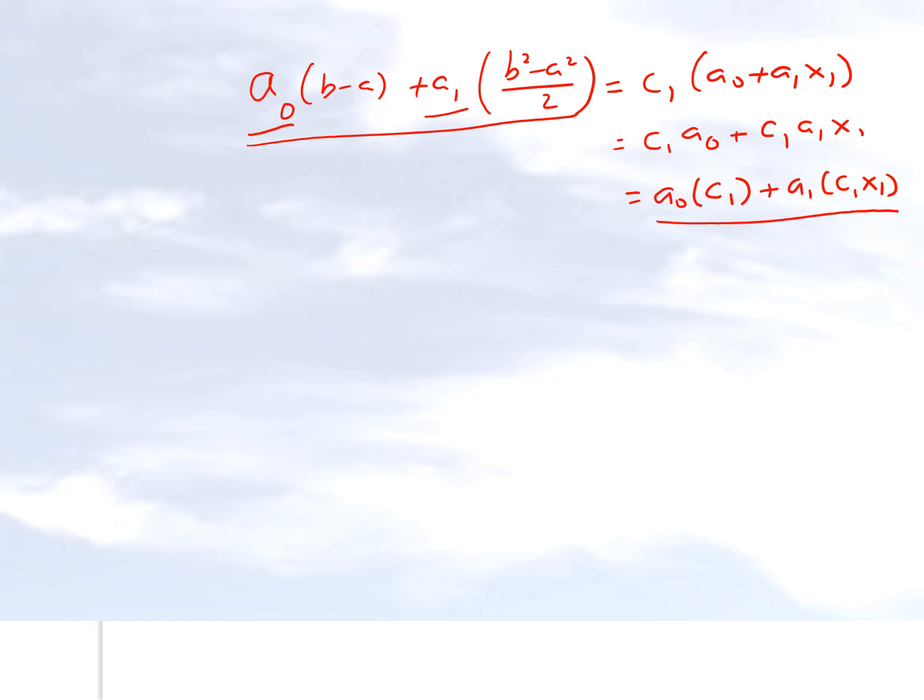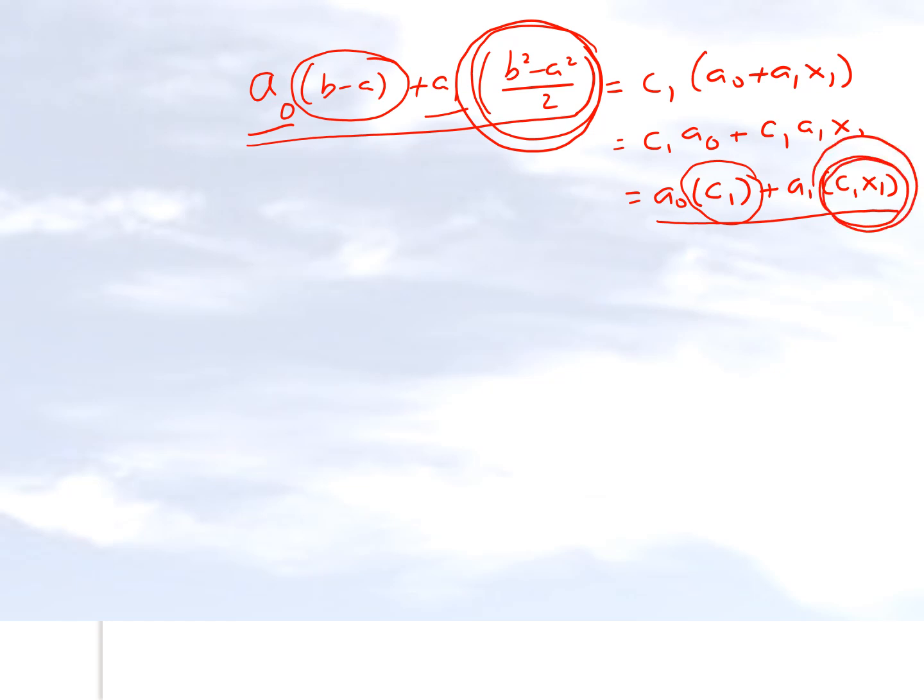So that means that b minus a will have to be equal to c1, and b squared minus a squared by 2 will have to be equal to c1 times x1. So let's write that down. I'll get c1 is equal to b minus a, and c1 x1 is equal to b squared minus a squared by 2. So this is giving me equation 1 and equation 2.